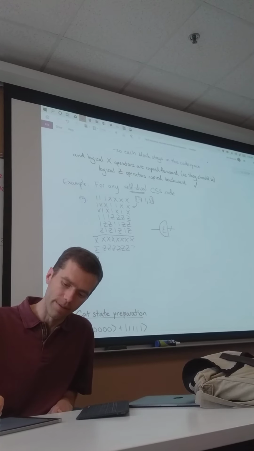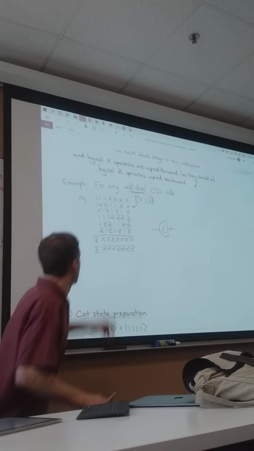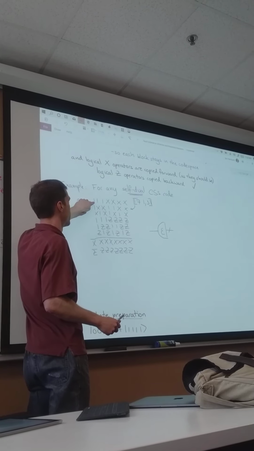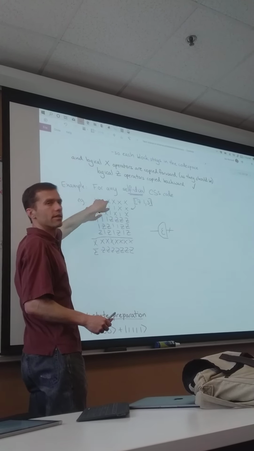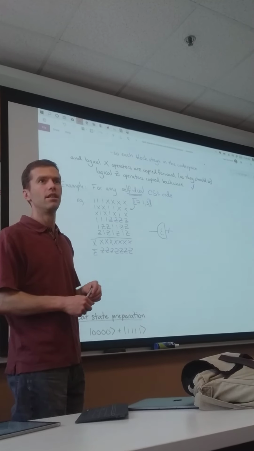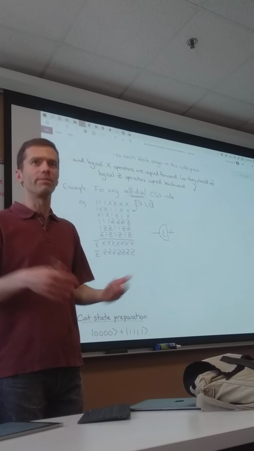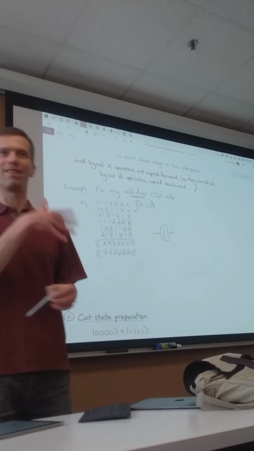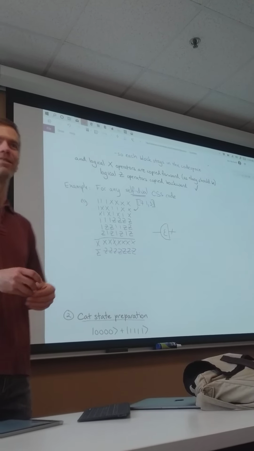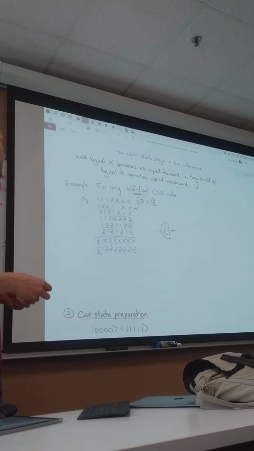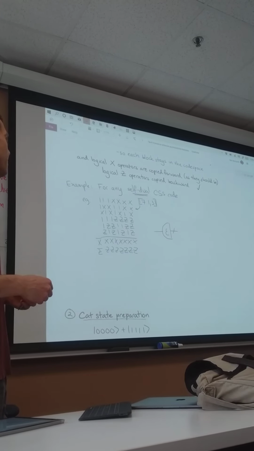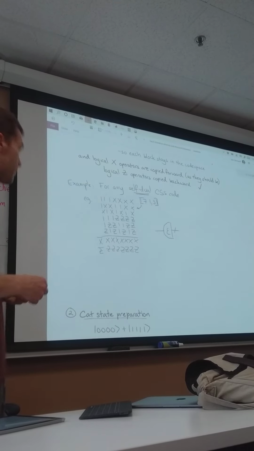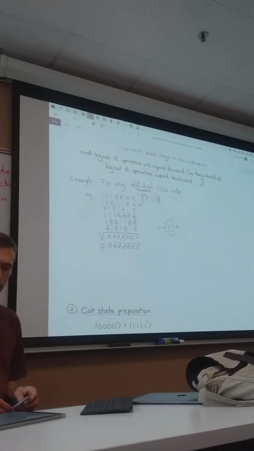It's not a distance 7 code, because even though this generates the set of logical operators, if you multiply this by one of these stabilizers, you get a weight 3 operator, like x, x, x, I. And so that's not obvious. As far as I know, it's something you just have to try in Mathematica, or try all combinations and find the least weight one.